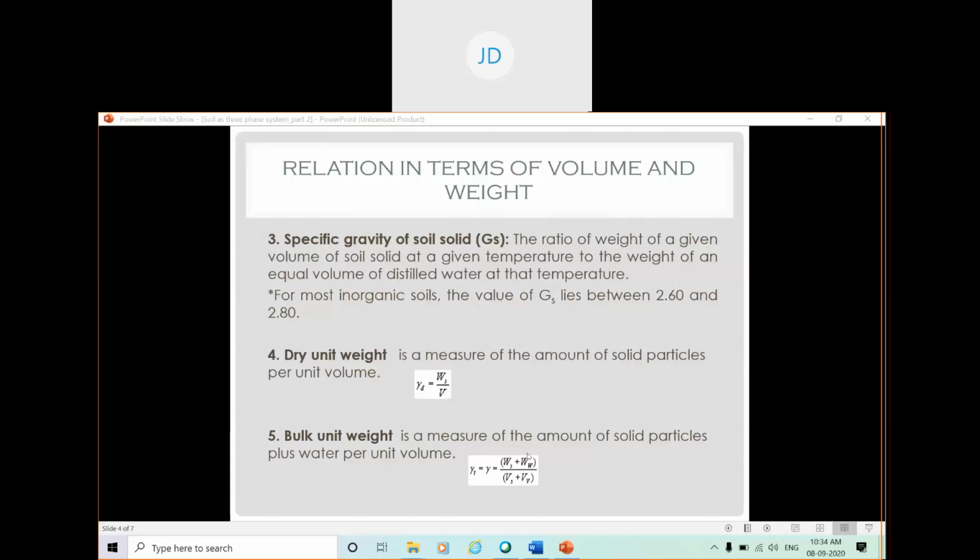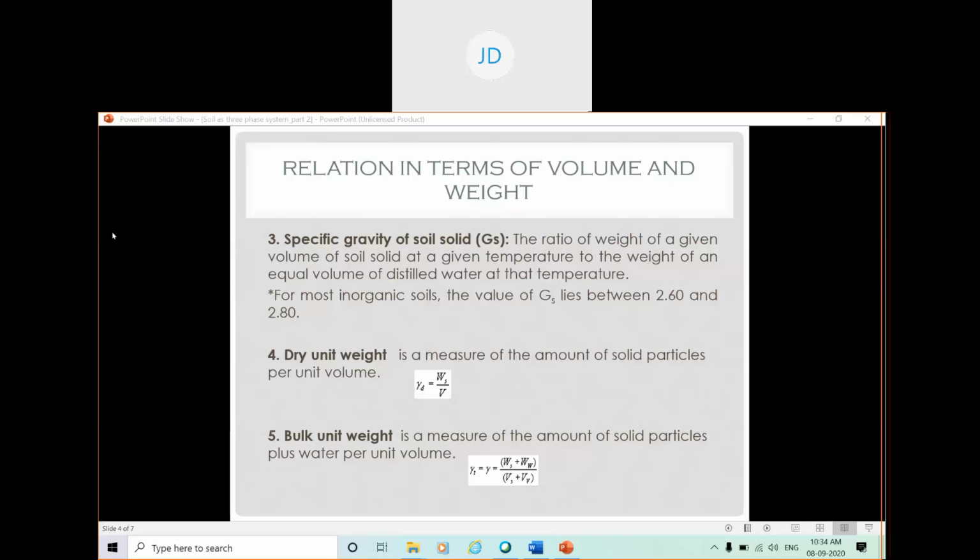So total weight per unit total volume gives you the bulk unit weight of soil. The unit may be kilonewton per meter cube or kg per meter cube.